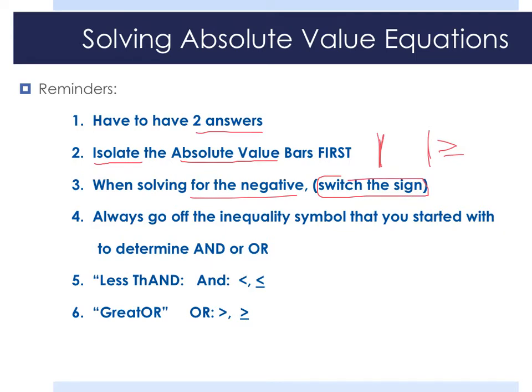And then the last thing for graphing, we always want to look at the original inequality symbol so that I can determine my graph. Because we're either going to graph an AND statement or an OR statement. So here's a way to remember. This kind of looks like the letter L, and this looks like the letter L, or as close as possible. So those would be less than. So I added a less than to help you know that that's going to be an AND graph.